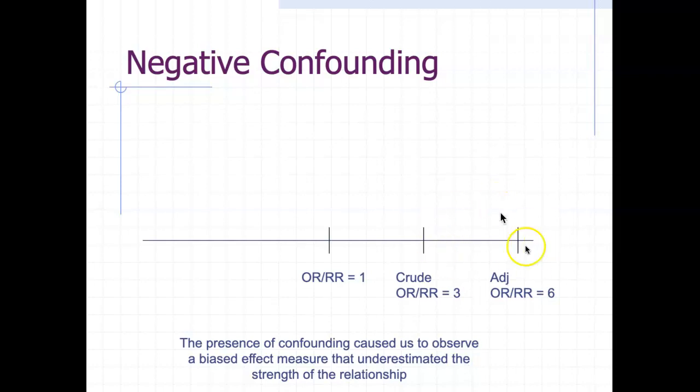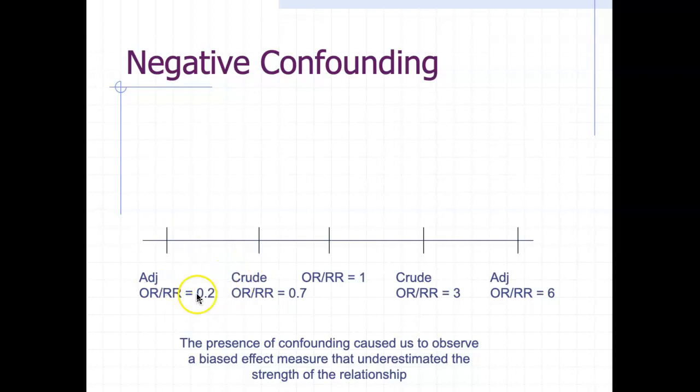Right now we're on this side of 1, but you can get the same issue on the other side of 1. Let's say we calculated a crude measure of association of 0.7. Let's say we calculated an adjusted measure because we have confounding present in our study. Remember, this crude measure is going to be a biased measure of association, and this adjusted measure is a much more valid measure that we should use.